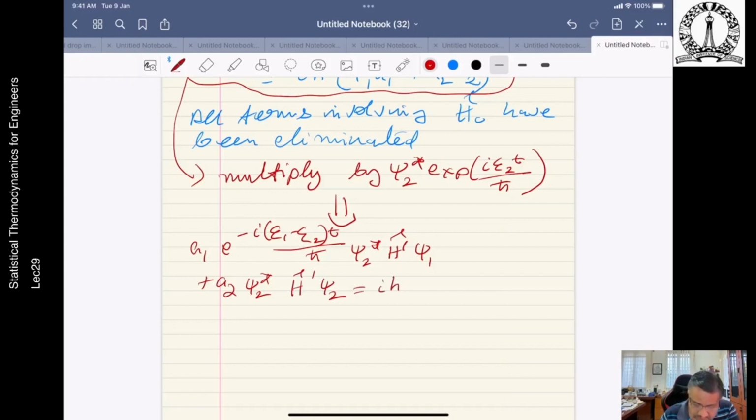Equal to i h bar a1 dot e to the minus i E2 t by h bar chi2 star chi1 plus i h bar a2 dot chi2 star chi2.